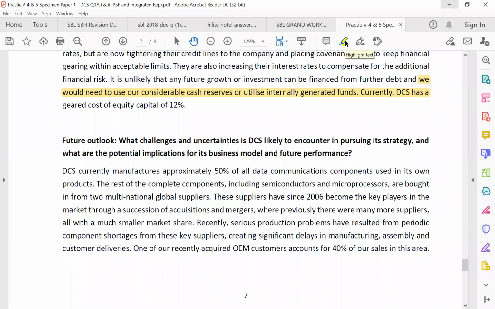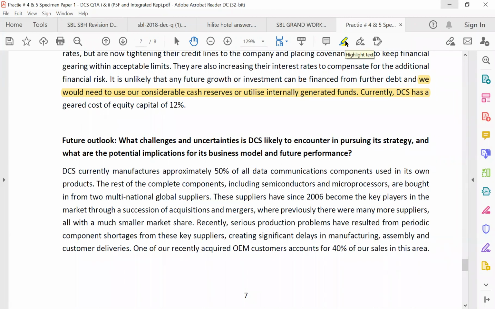The rest of the components, including semiconductors and microprocessors, are bought in from two multinational global companies. These suppliers have since 2006 become the key players in the market through a succession of acquisitions and mergers, where previously there were many more suppliers, all with a much smaller market share.